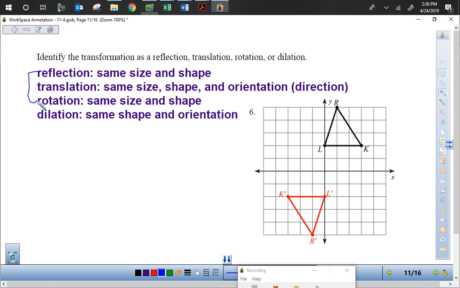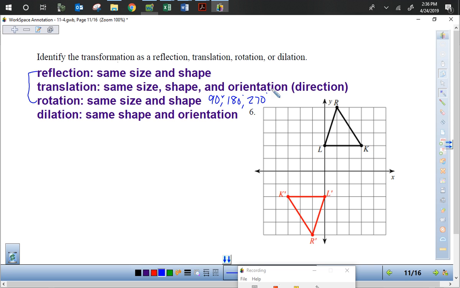And what we'll do for this is the check that we did for a rotation, we had 90 degrees, 180 degrees, and then 270 degrees. If when we connect our A to A prime, B to B prime, and C to C prime, they show the same angle, that will tell us it's a rotation. So we'll look at that more in detail as we go.